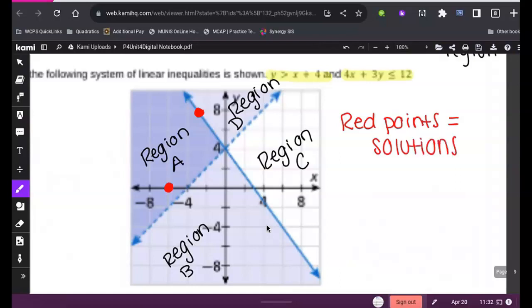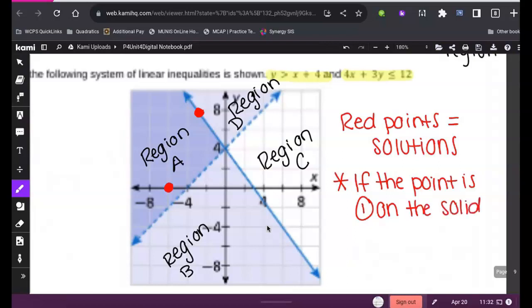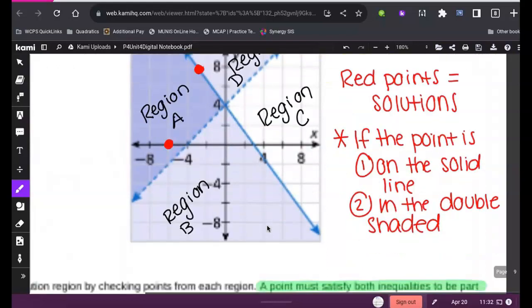And there's a rule that says if the point is 1 on the solid line, or 2 in the double shaded region, then it is a solution. So those are the two things that we need to remember.